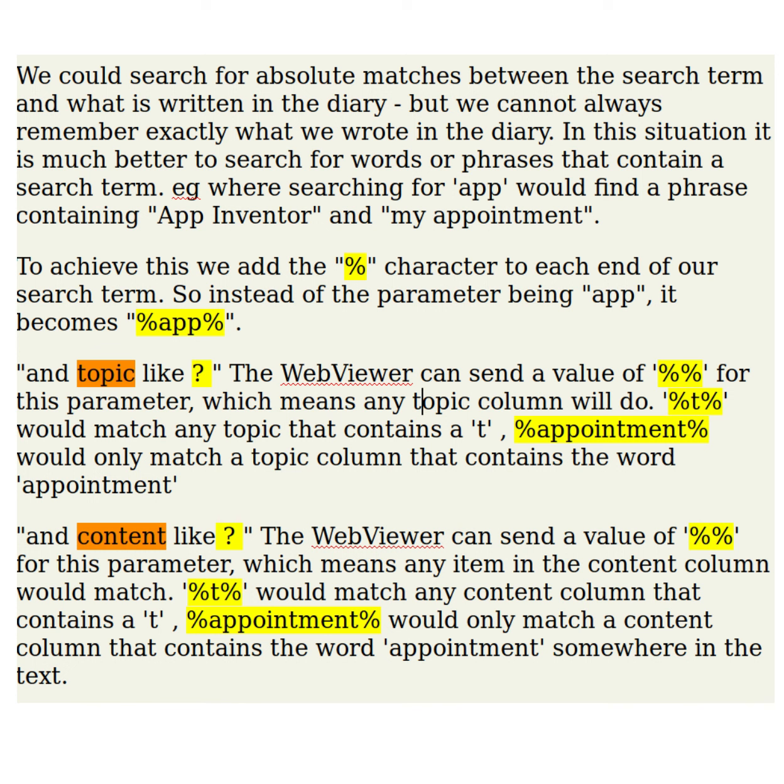And for the content like question mark parameter, the web viewer can send a value of %%, which means again that any item in the content column would match. %t% would match any content column that contains a T, and %appointment% would only match a content column that contains the word appointment somewhere in the text.